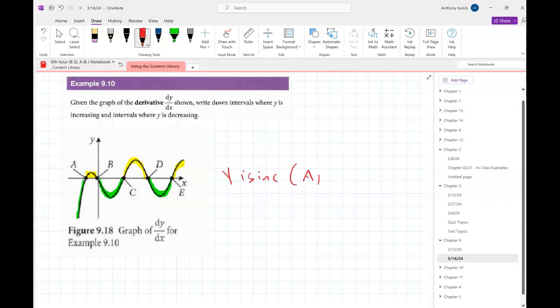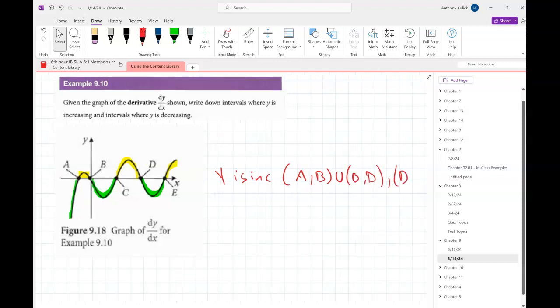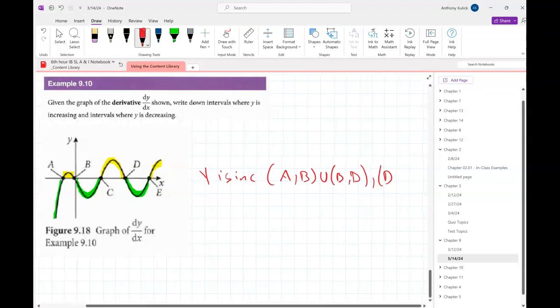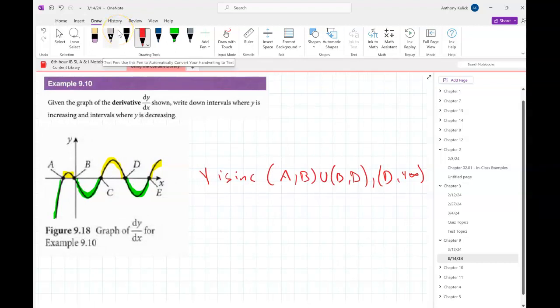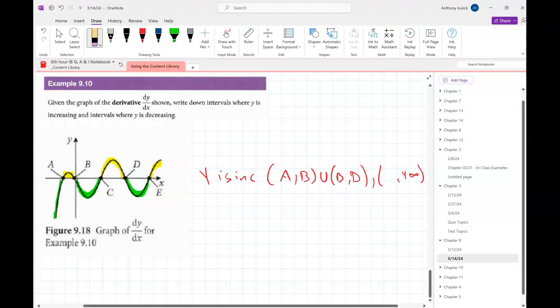y is increasing from a to b, and then b to d, and then d to, I guess we'll say positive infinity or something. Oh, I'm sorry, that's e to positive infinity.